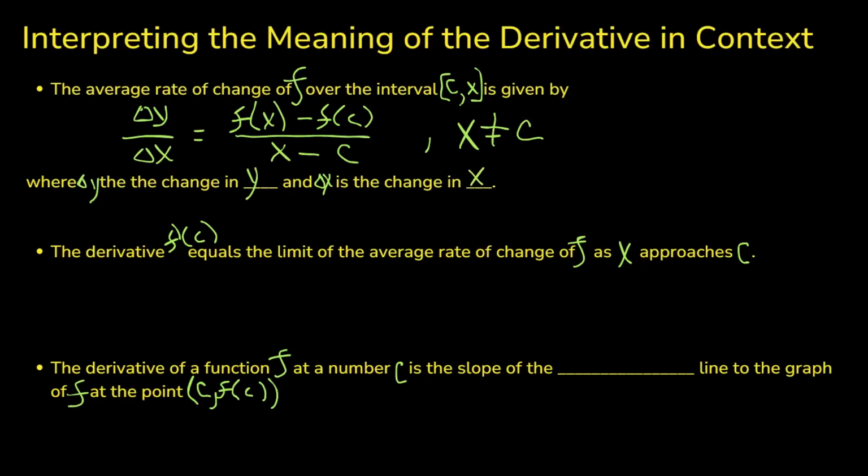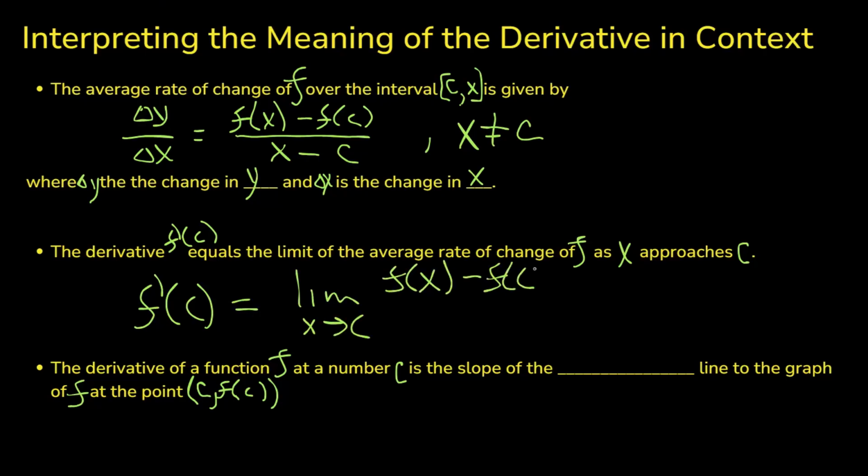Now, the derivative f prime of c equals the limit of the average rate of change of f as x approaches c. That is, we have f prime of c equals the limit of the average rate of change. Now, the derivative of a function f at the number c is the slope of the tangent line for the graph of f at that point.